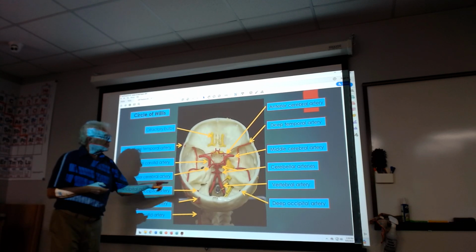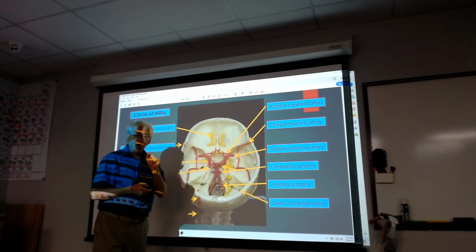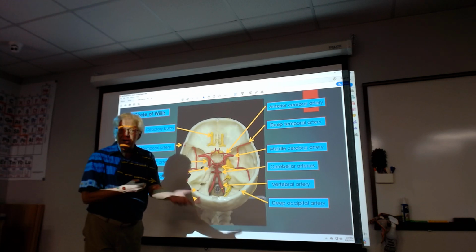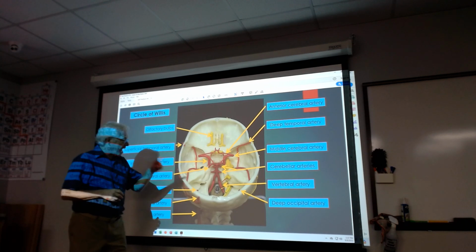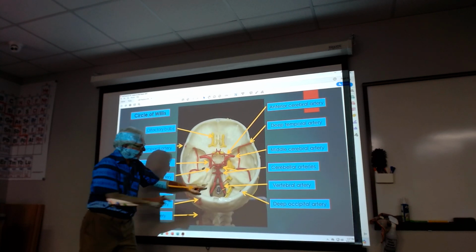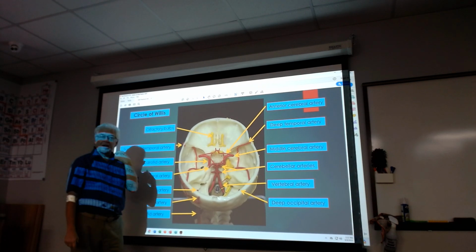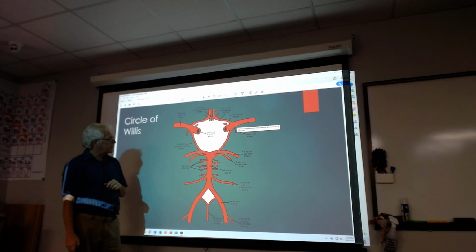Add that. The basilar artery. And here's my caveat, my warning. Don't mix up basilar artery with basilic vein in your arm. Okay? They sound a lot alike, but they're not. And from this basilar artery, look, you branch your two vertebral arteries, which go down the sides of your vertebrae. Okay? Bingo. Done.